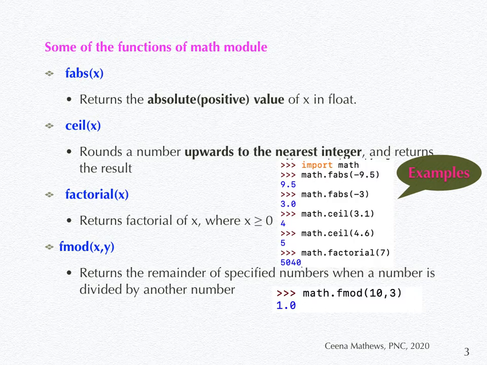Here the remainder is given as a float, whereas when you use the percent operator, it returns the result as an integer. The example is math.fmod of 10, 3. The remainder is 1, which is displayed as a float number.